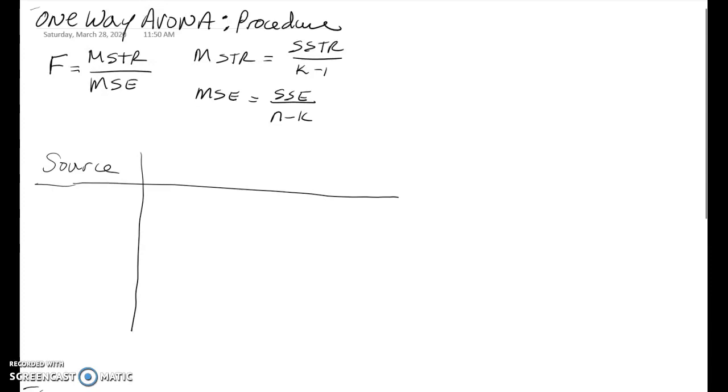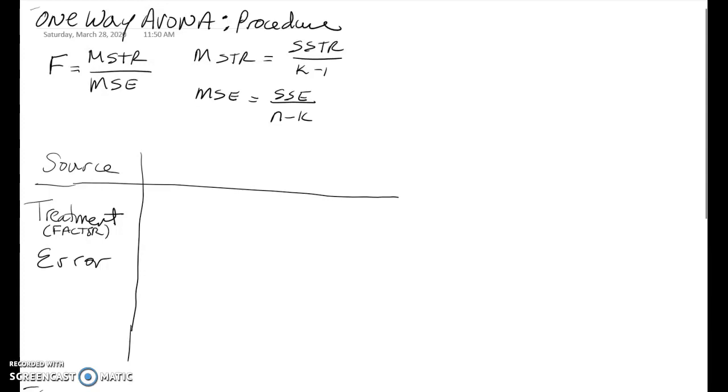And that is from either the treatment, again, we're talking about variations among the populations themselves, or the error, which is variation that goes within each population. On your calculator, if you play around with your graphing calculator, your treatment is also known as the factor. Okay, so they represent the same thing.